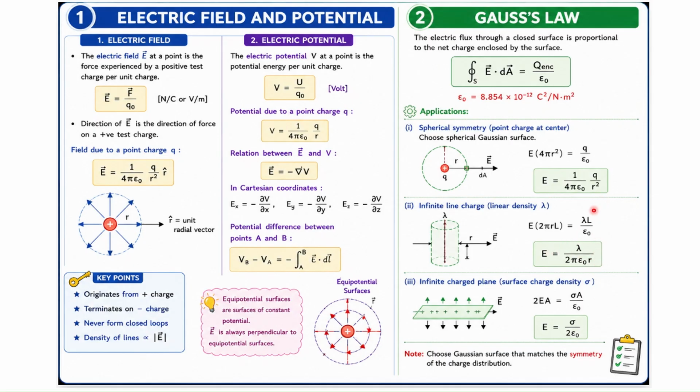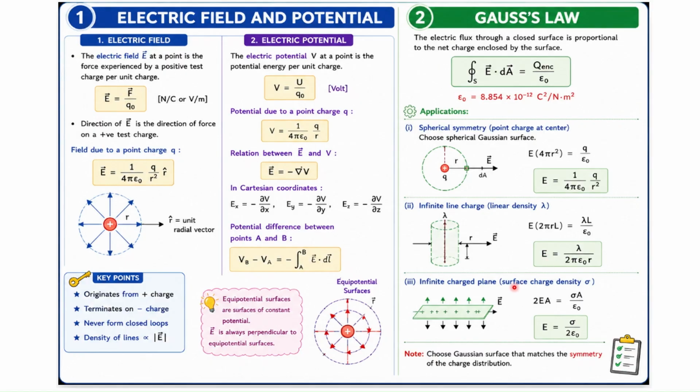So L cancels L, and we have this expression. This tells us that the electric field of a line charge drops off only as 1 over r, instead of 1 over r squared as for a point charge. So take note of this.